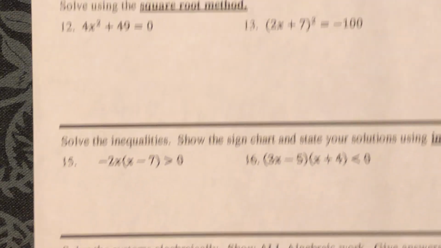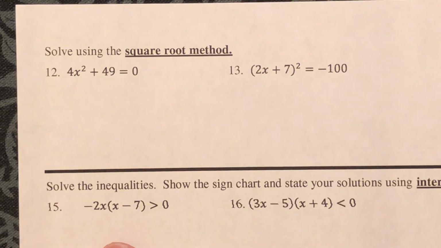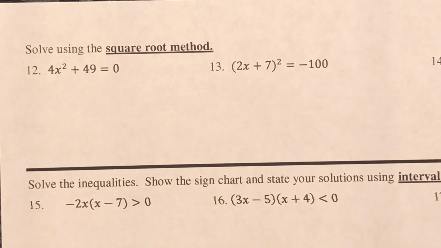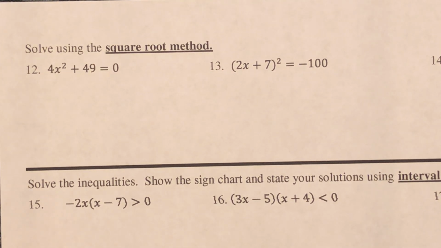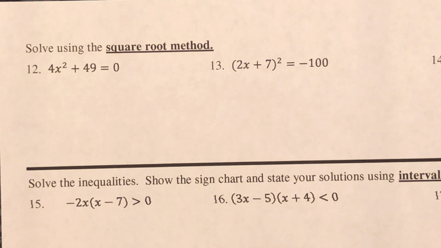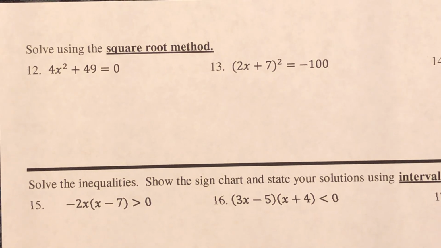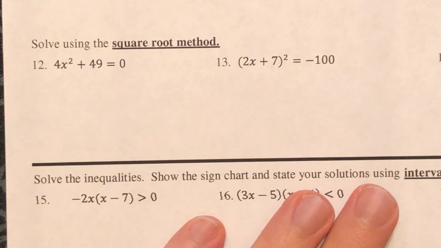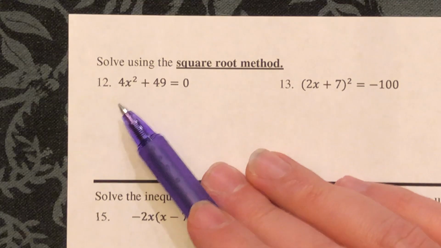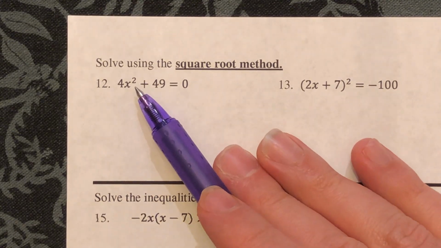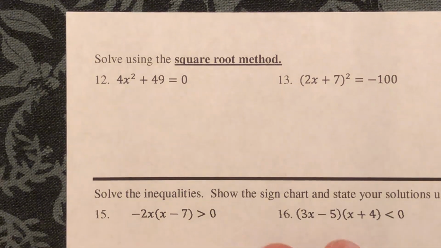Okay, looking at the next sheet. Questions 12, 13, and 14 want us to solve by taking the square root. Solve using the square root method. To use the square root method, I need to get what is squared alone. So here, it is the x squared that I need to get alone.